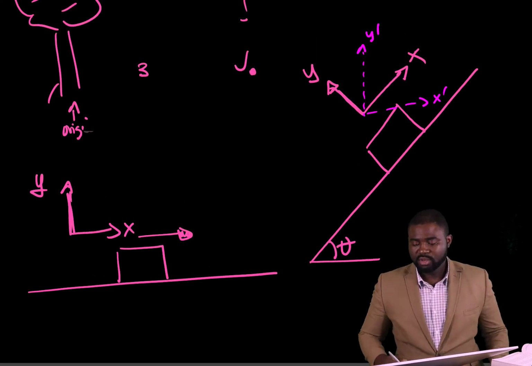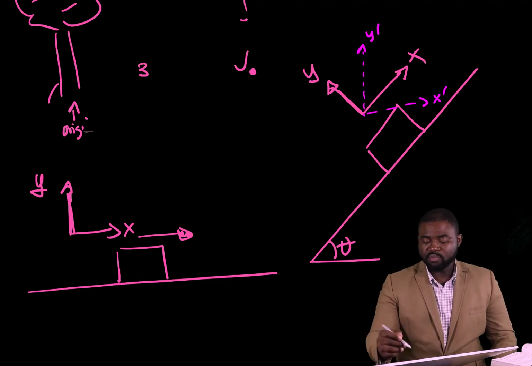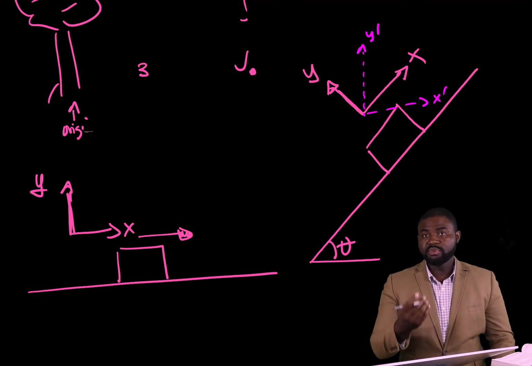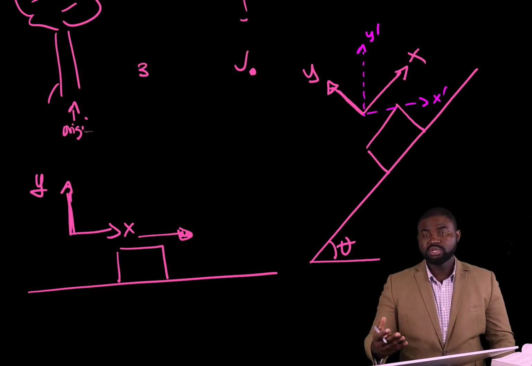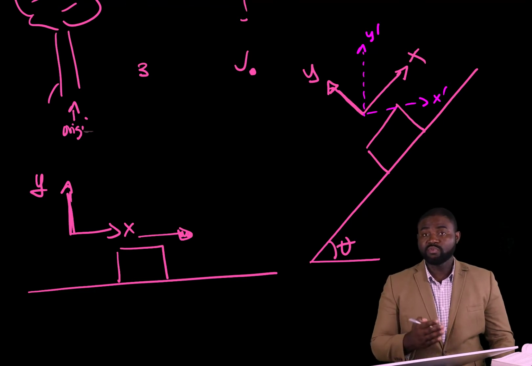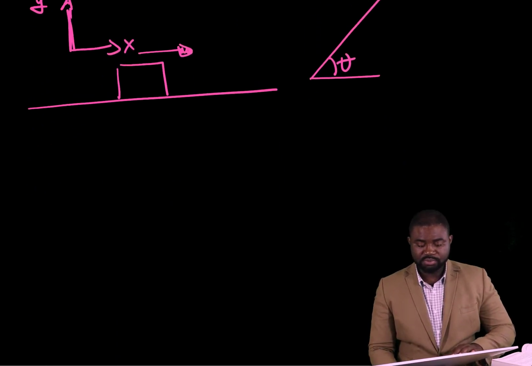Notice something: if you solve this problem in the coordinate system x prime, y prime, it's going to be very complex, and you don't want to get into that. But when you orient your coordinate system to correspond with the physical object, it makes your problems really easy to solve. As we deal with different sets of problems in this course, the orientation of our coordinate axes will vary from one problem to another. This is very important. You will see this as we walk through the problems in this course.